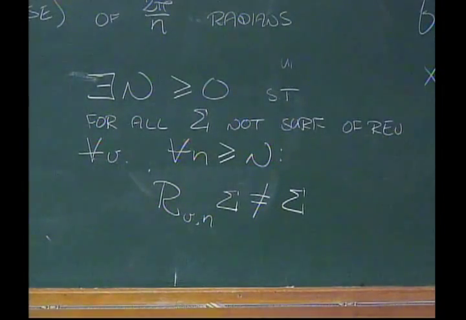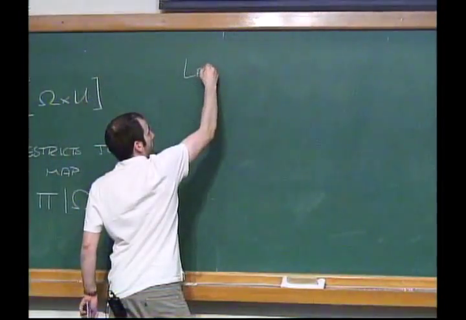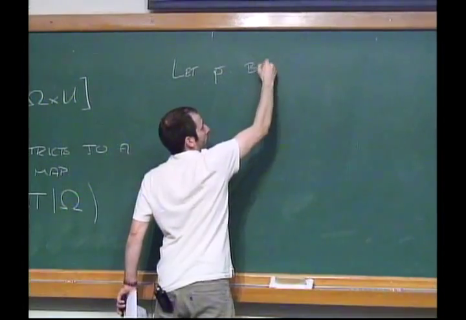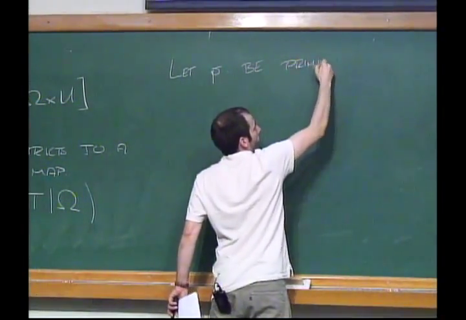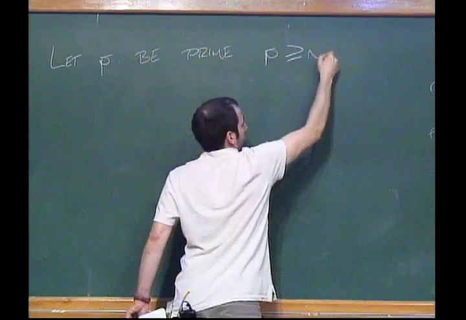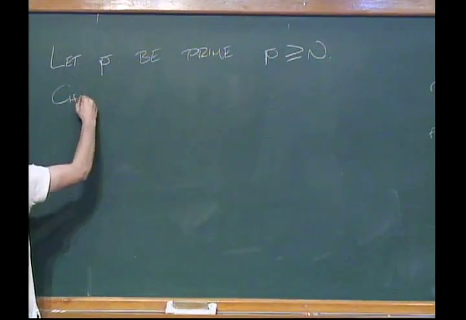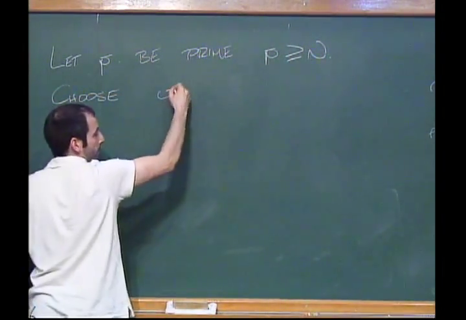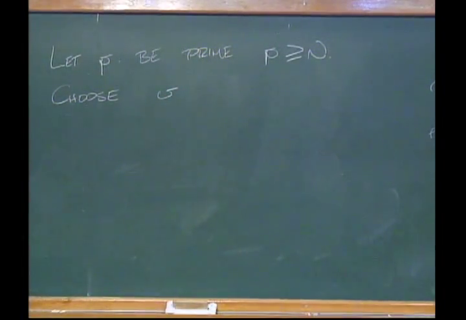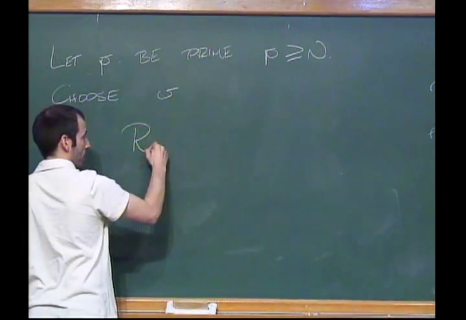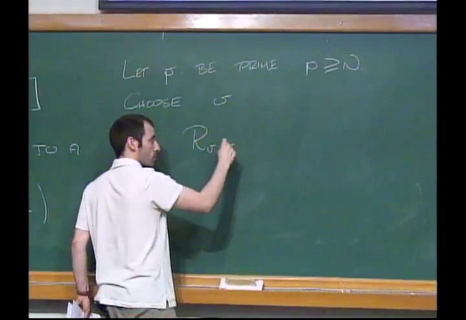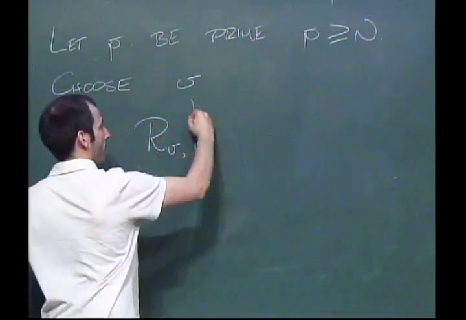We perturb the metric G. We choose any number p, some prime bigger than n_0, and choose any vector v, your favorite vector. And we can perturb the metric G in such a manner that it's non-degenerate, and in such a manner that it is actually preserved by rotation of angle 2π/p about this vector v.